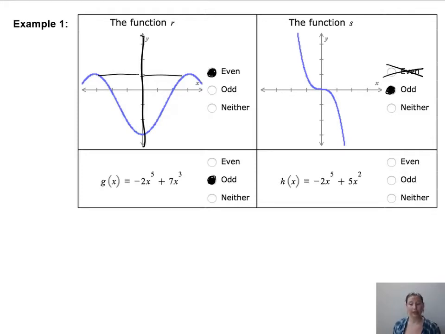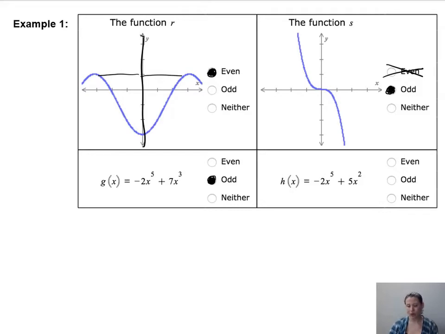Let's check again. Every time you check, you're plugging in negative x to see what it does to the original function. Does the negative go away? Does the negative come out and be factorable and make it just negative of the original function? Those are the two different options. If it doesn't do either of those, then it's neither.